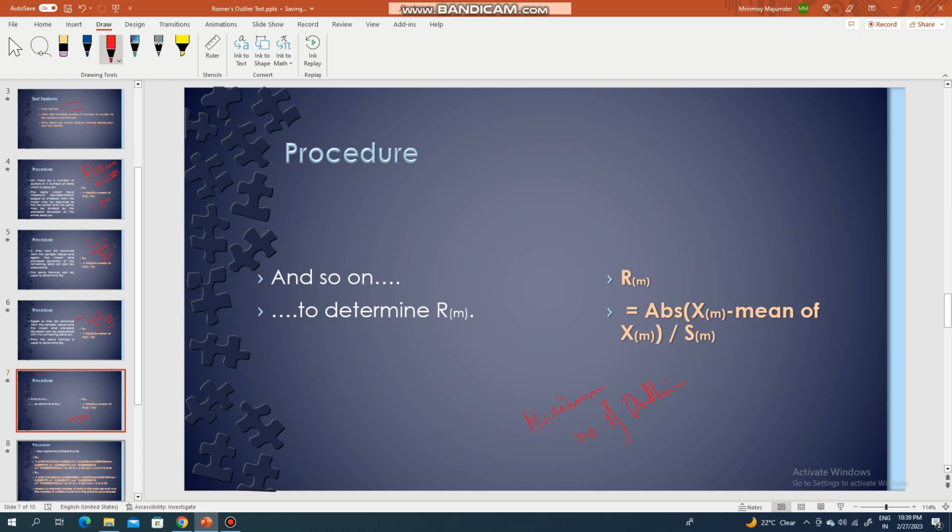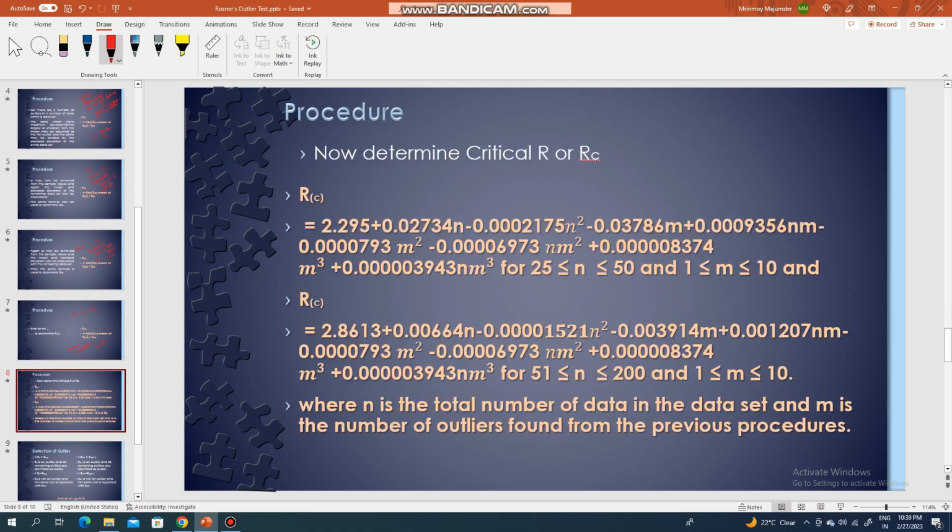In our case we have assumed that m is equal to 10, so you have to calculate R1 to R10. Now, how to detect whether R1 to R10 are outliers or not? You have to determine the critical R.